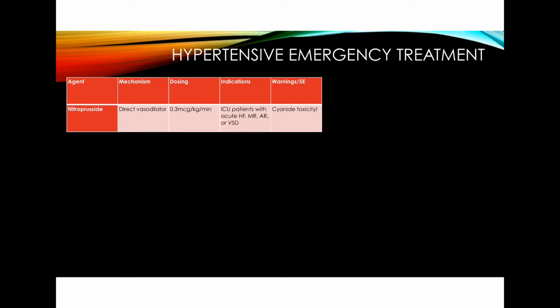Historical concern in the use of nitroprusside is cyanide toxicity, since the nitroprusside molecule does contain multiple cyanide groups.